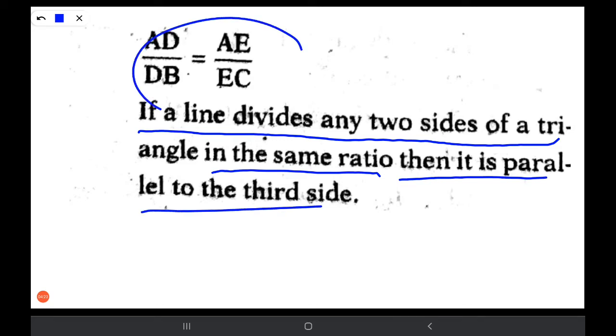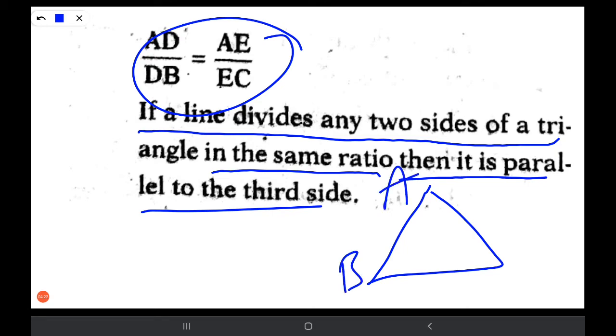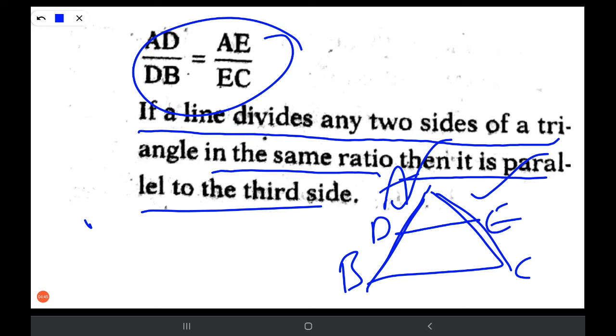Suppose you take a triangle ABC and DE is a line segment. If this DE divides these two sides in the same ratio, then DE is parallel to BC. This is the basic proportionality theorem.